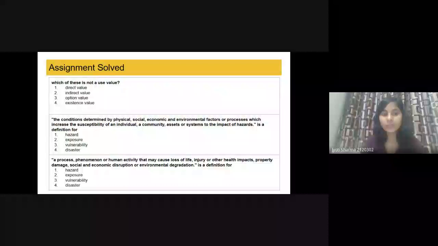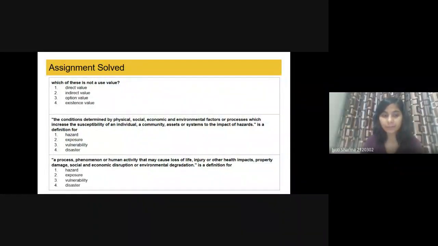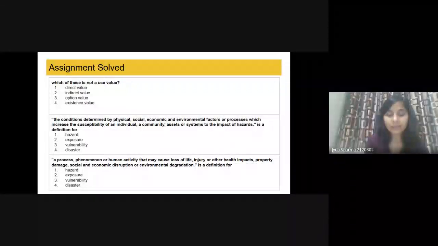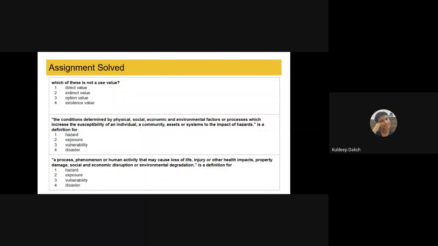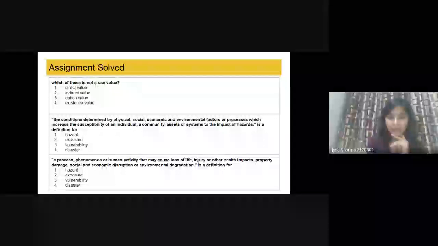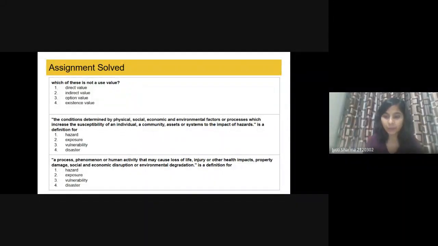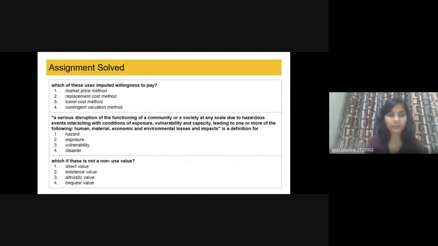So this is all about vulnerability. Next: process, phenomena, or human activity that may cause loss of life, injury, or other health impact. So the definition is for hazard. Yes, because it may cause, it is not causing, right?